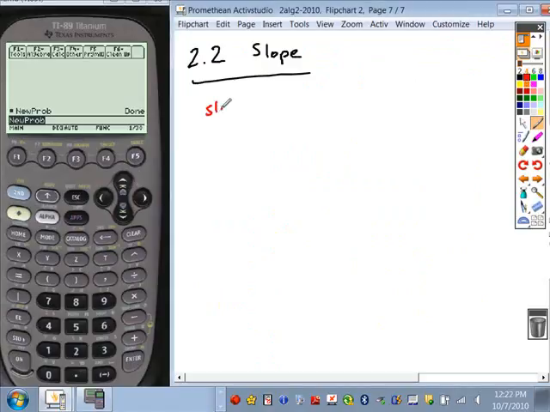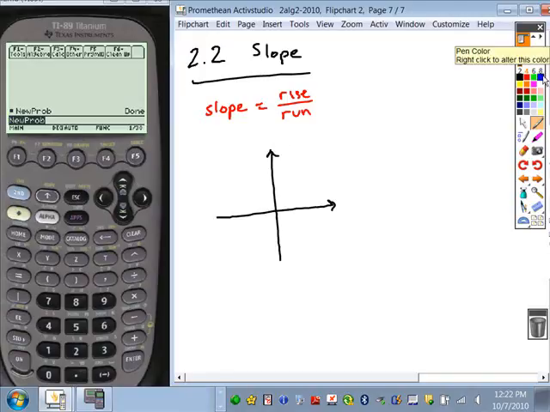The slope of a line is designated as the ratio of the rise of a graph to the run of that graph. And so in a set of coordinates, if you're looking at the slope of a line, your rise is the change in which coordinate?